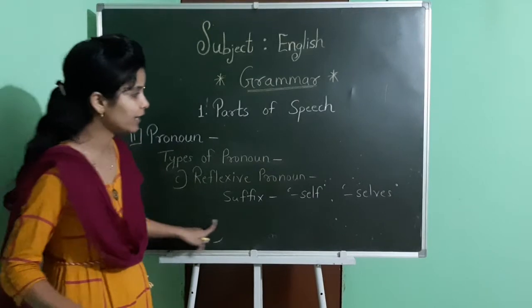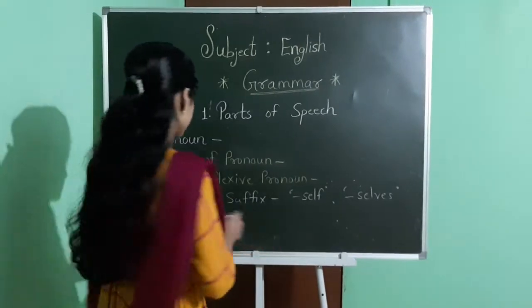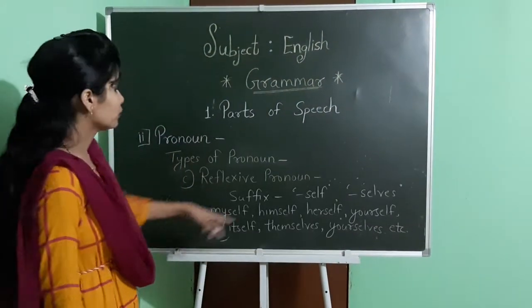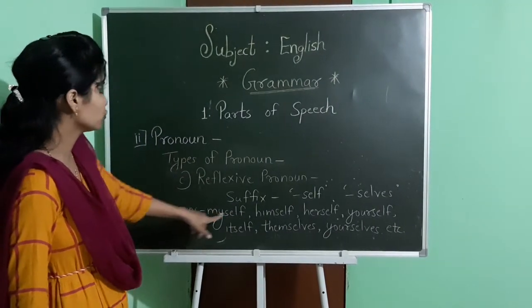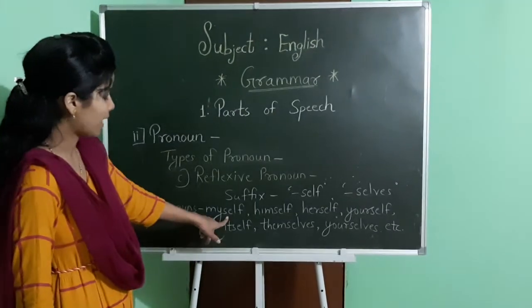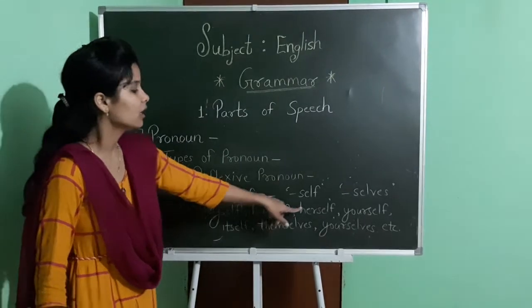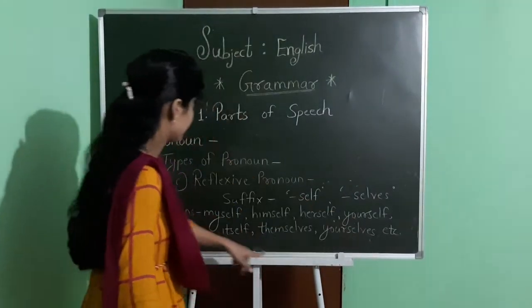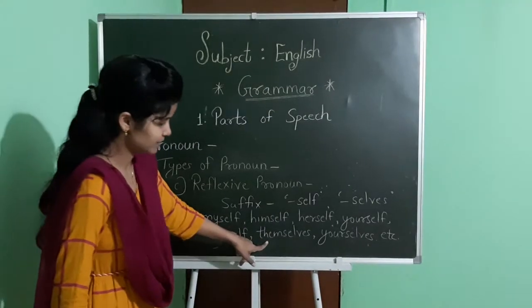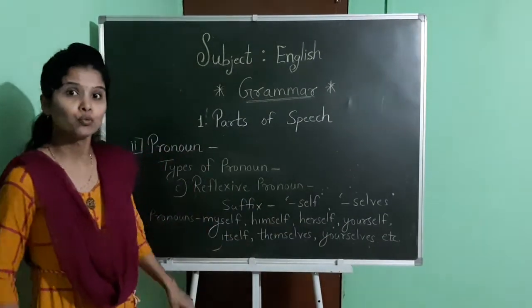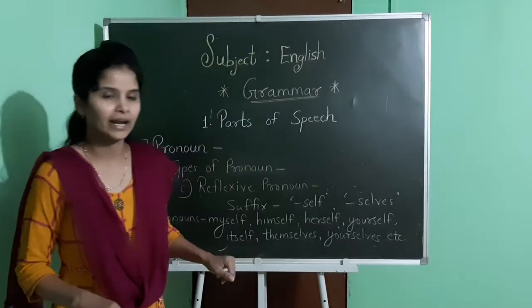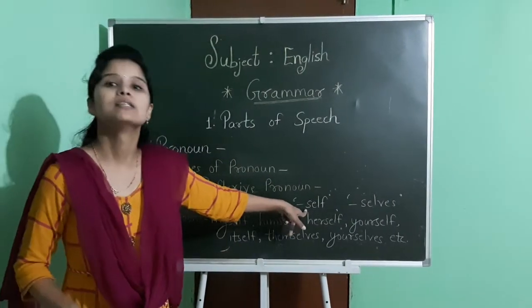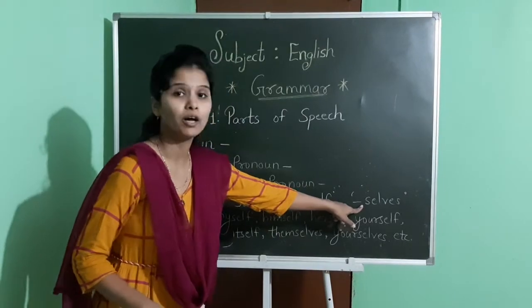I will write all these pronouns. By using these two suffixes we get these pronouns: myself, himself, herself, yourself, itself, themselves and yourselves. We framed all these pronouns by using these two suffixes. I told you, self is for singular and selves is for plural.